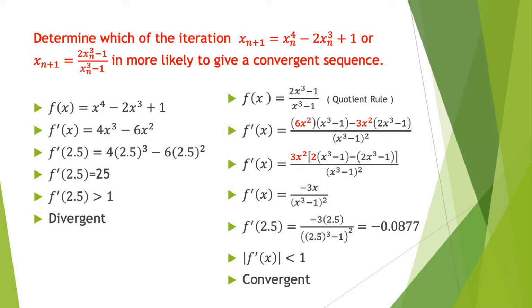The first iteration given is x_{n+1} = x_n^4 - 2x_n^3 + 1. So we rewrite the iteration into the function f(x) = x^4 - 2x^3 + 1.